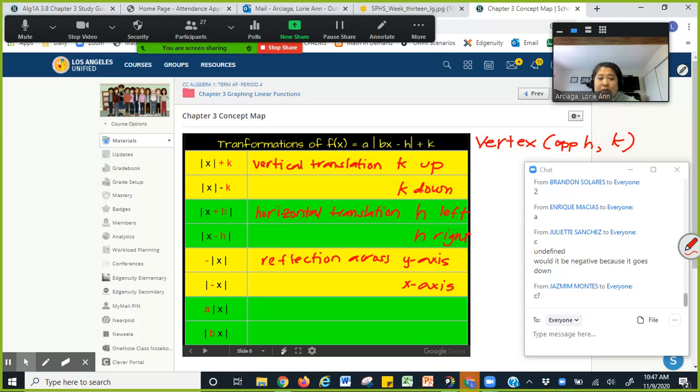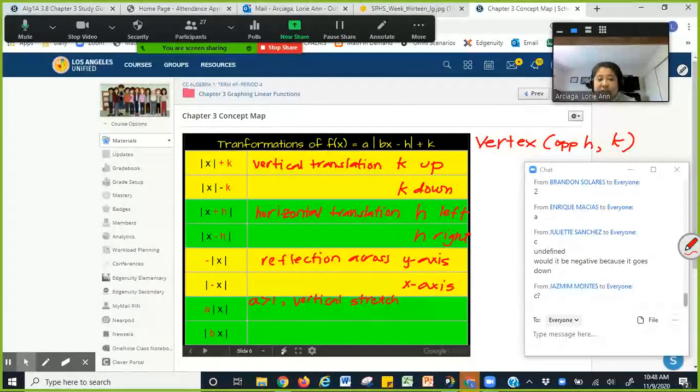And then the last one: if you multiply the function by a value a greater than 1, it's a vertical stretch, meaning you remember when the graph became narrower or wider.